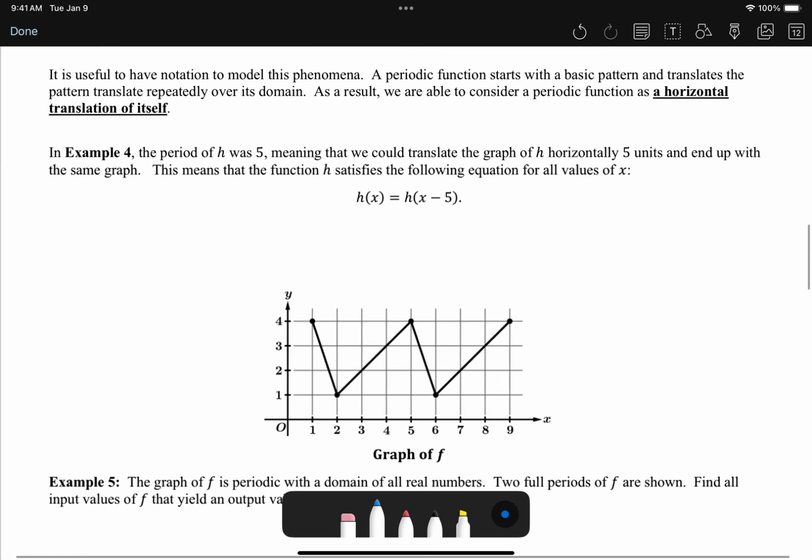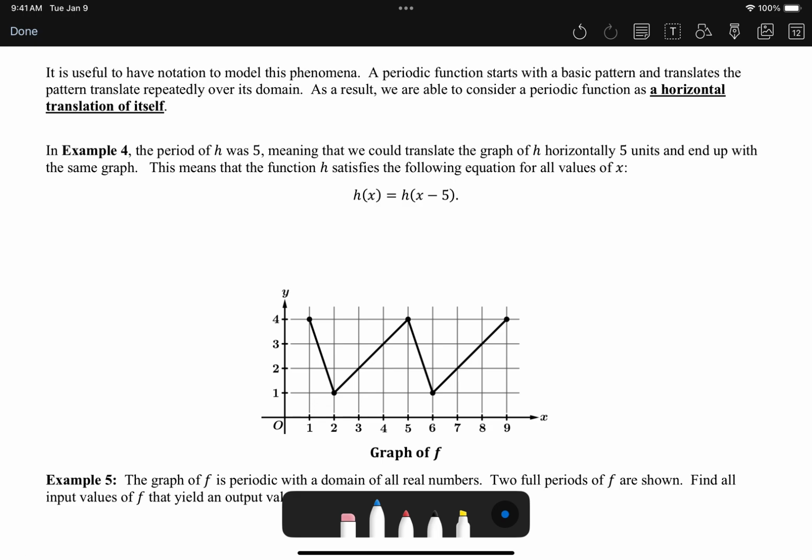Okay, well, here's another one, and it's good to understand this. It's useful to have notation to model periodic phenomena. A periodic function starts with a basic pattern, and then it translates that pattern over and over across its domain. So it's actually just a horizontal translation of itself.